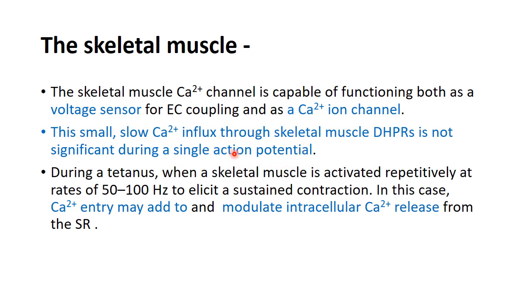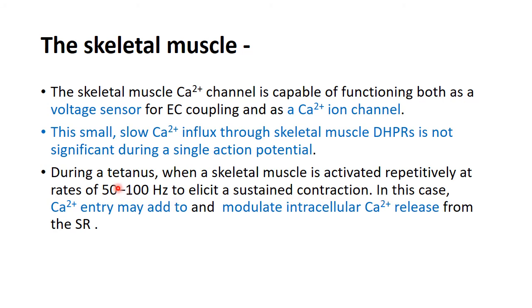So during a single action potential, only a very small amount of calcium enters the skeletal muscle cell. But during the tetanus process, or when the frequency or rate of stimulation is much higher, say 50 to 100 Hz, then there is a sustained contraction.